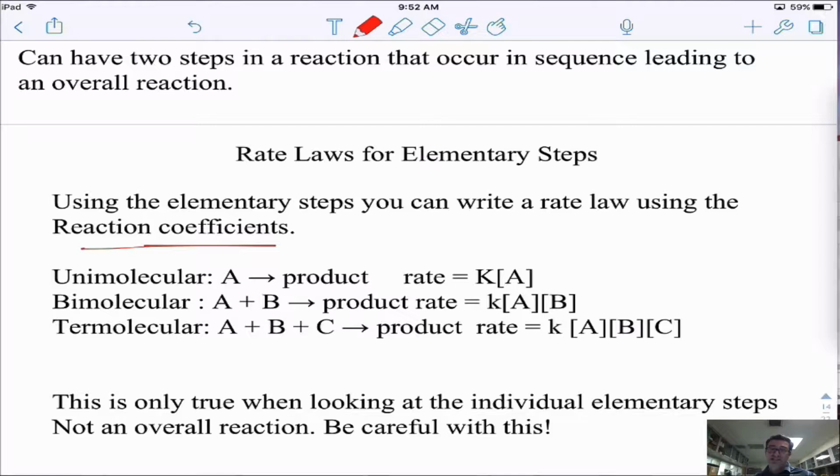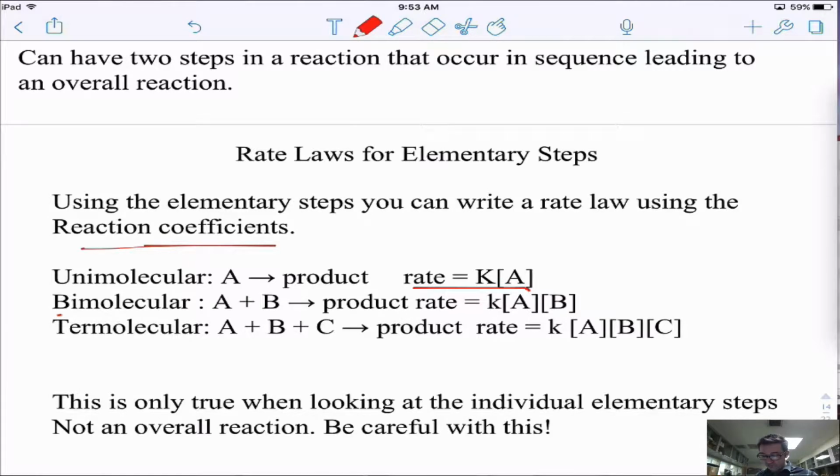And so the idea is that if you have one unimolecular reactant and it is reacting, the coefficient would be 1 and the order would be 1, and you could write a rate law for that. Rate equals k times A to the first.